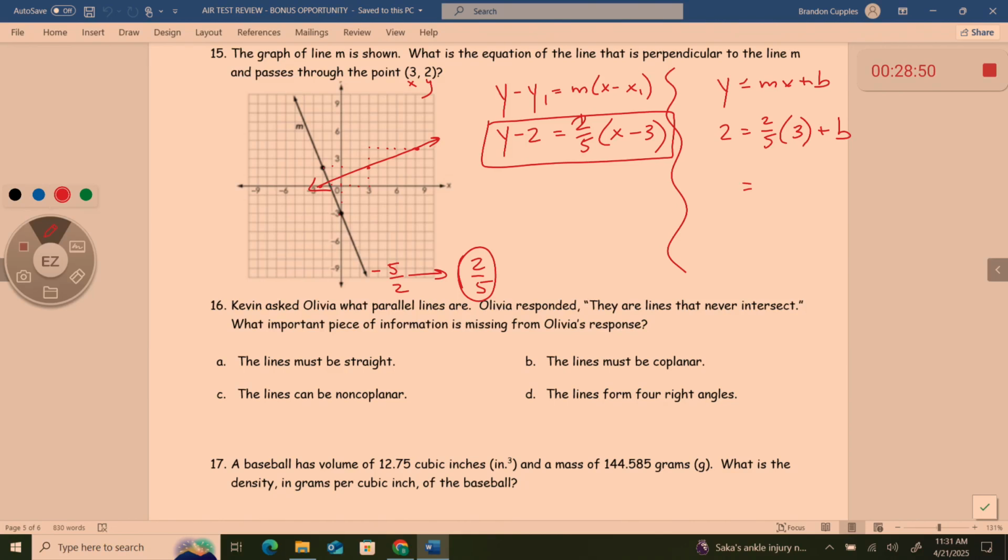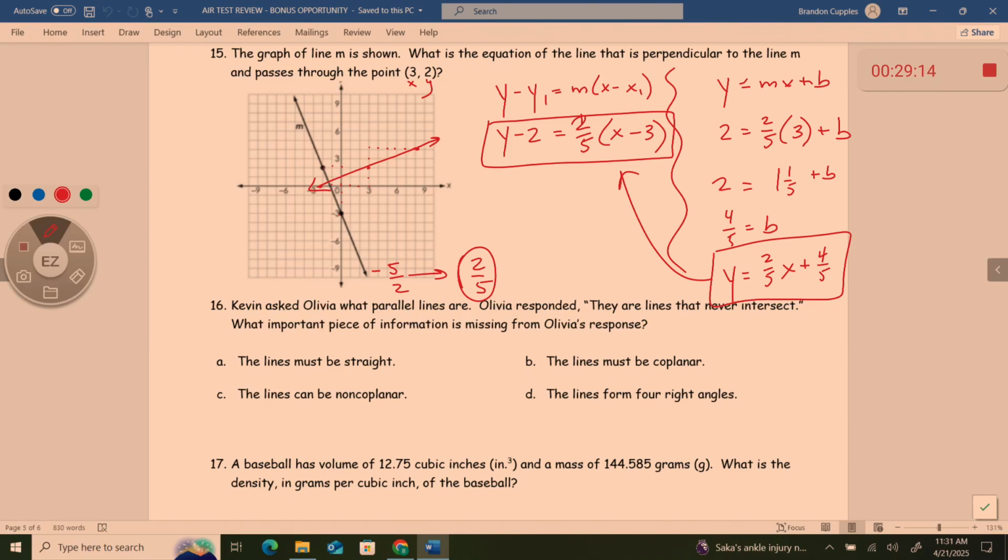And if I subtract 1 1/5 from both sides, you get 4/5. So your equation would be this. That would be the same thing as that one right there. Okay. And again, you could graph that in the Desmos just to make sure that you have done it correctly.